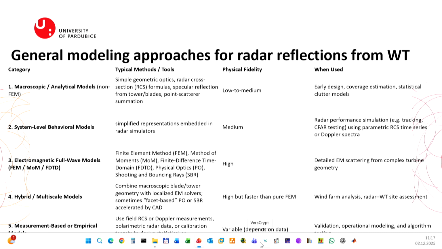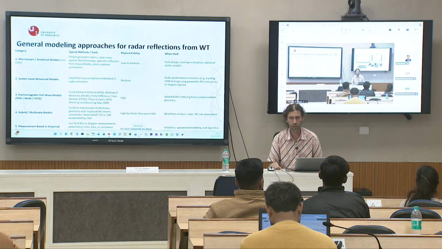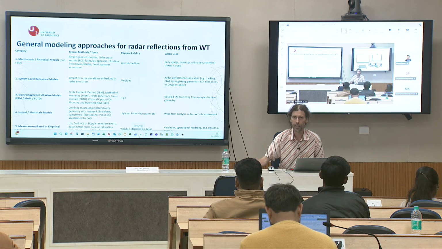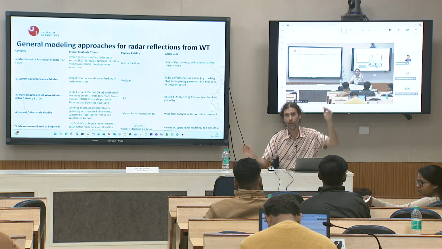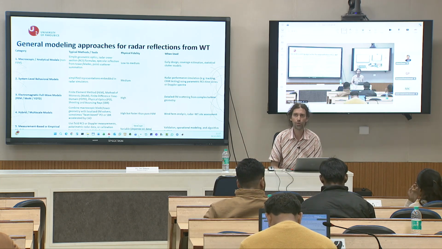Then there are full electromagnetic full wave models. They give much better results, but you can take one blade and compute the radar cross section at some distance. Imagine you are working at a carrier frequency of 10 gigahertz, where lambda is 3 centimeters. How many reflectors do you get on a blade that is 160 meters long? How would you compute this?